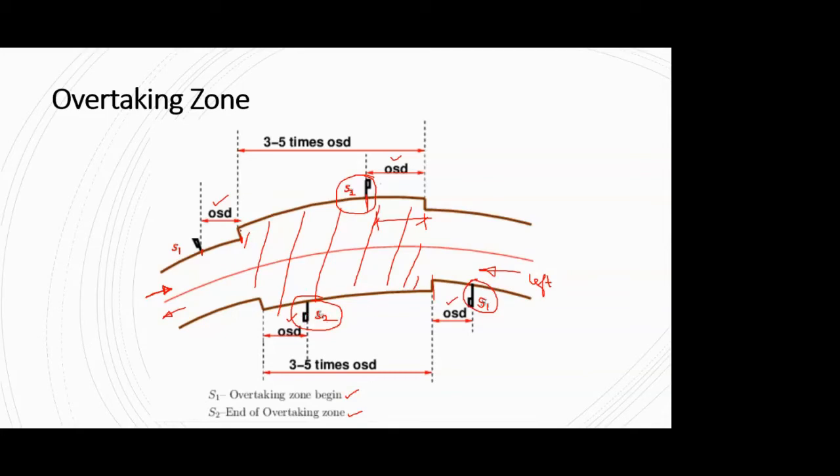And whatever this actual zone is, the length for which you have a greater width, is equal to 3 or 4 times SSD. So 3 or 4 times SSD is your minimum length, and the desirable length of your overtaking zone is 5 times OSD. So this is the concept of the overtaking zone.